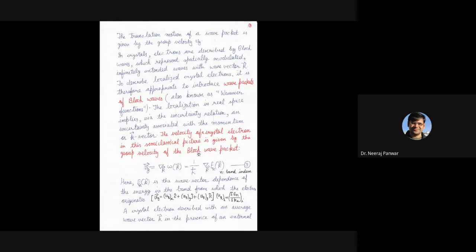This is some word I have written: semi-classical picture. Semi-classical picture means we are treating the electron quantum mechanically, but after considering it as a quantum mechanical particle, its equation of motion would be of the form given by Newton's second law.